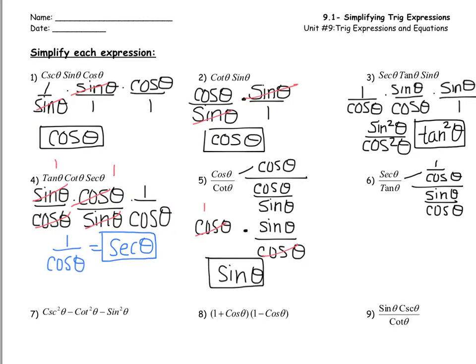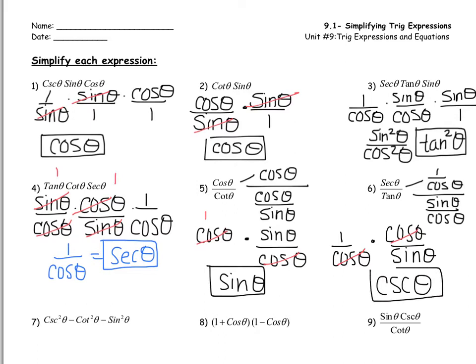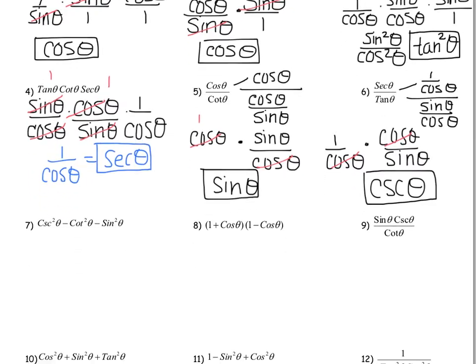Okay, so keep the 1 over cos, change the division to a multiplication, and flip. So what can I cross off? Cos and cos. So 1 over sine of theta is what I'm left with, which is cosecant theta. Final answer.